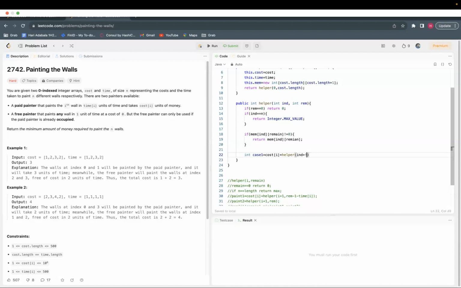Now we will move further, and the remaining will be remaining minus 1 minus time of ind. And the second case will be, we will call the helper function with ind plus 1 and remaining will still remain the same.